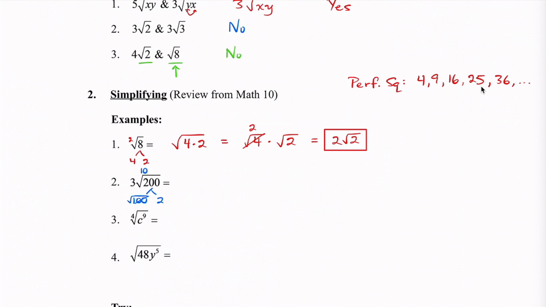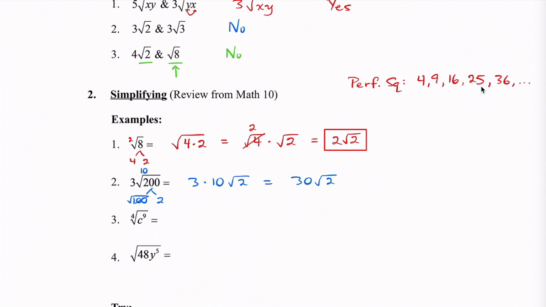So what I get is that 3 out front times this 10 that got pulled out. So 3 times 10, you always multiply. So 3 times 10, and then we still had that square root 2. And then I can simplify that. 3 times 10 in front there, that's just 30. So I got 30 square root 2.